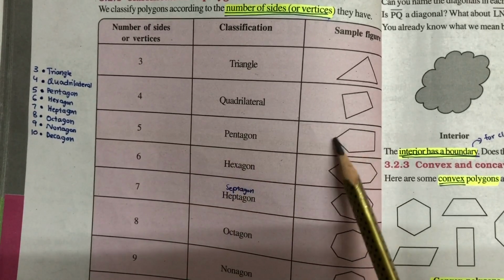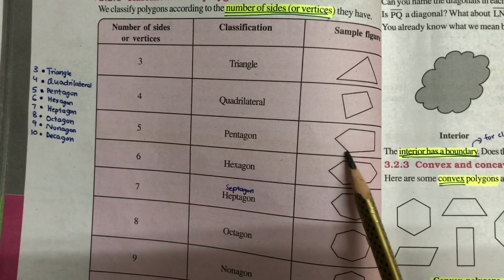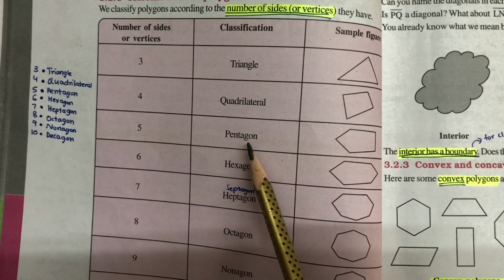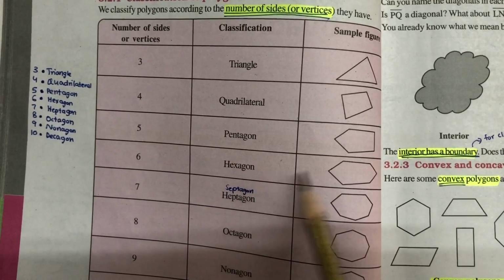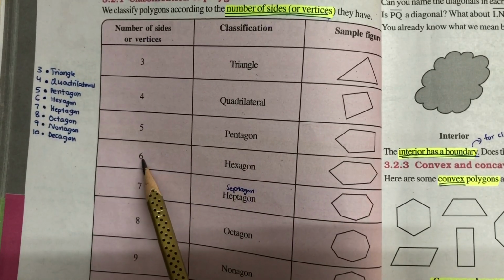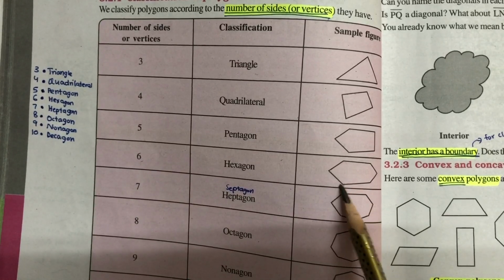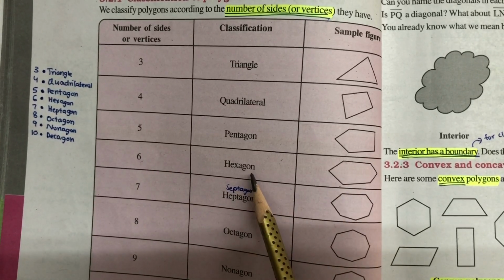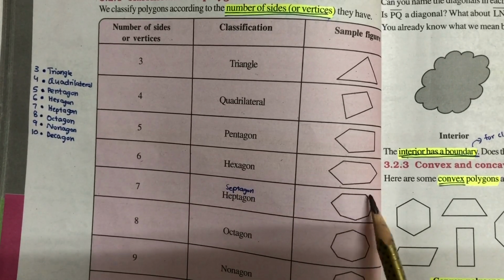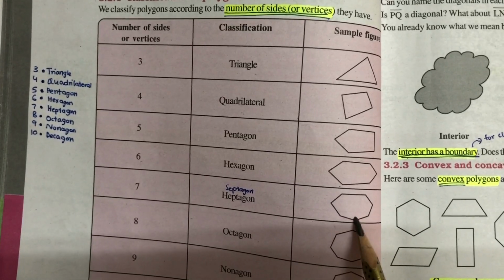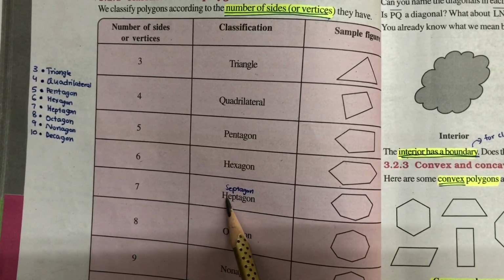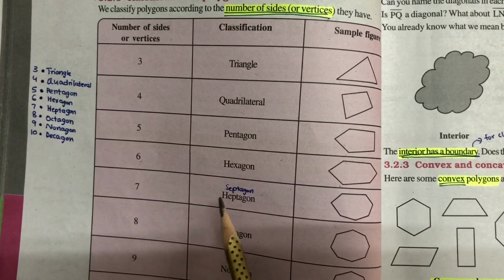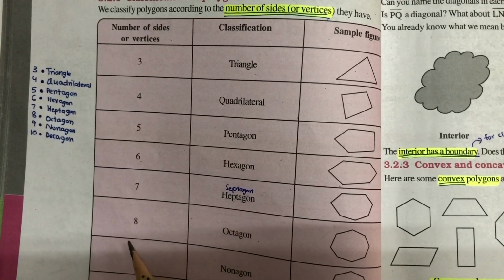Next, 5 sides and 5 vertices is called a pentagon. 6 sides or 6 vertices is called a hexagon. 7 sides or 7 vertices is called a septagon. Not heptagon, it is called a septagon.